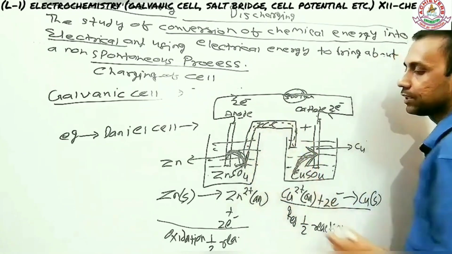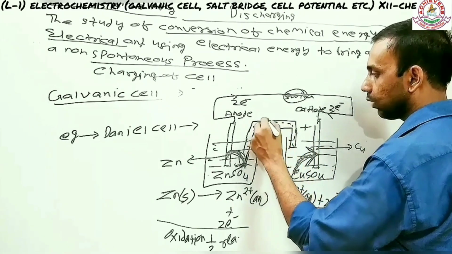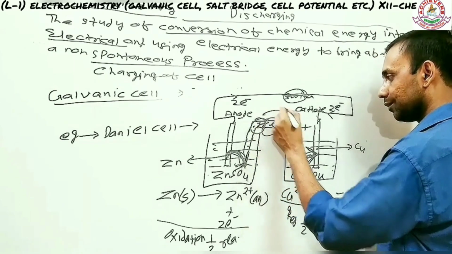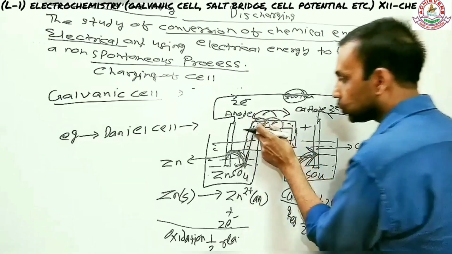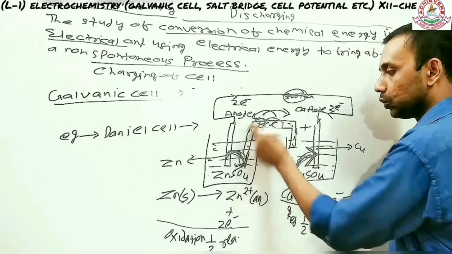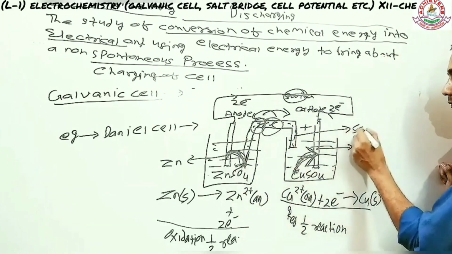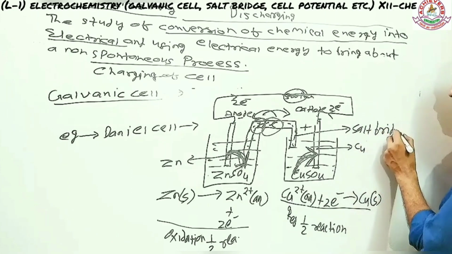Basically it produces two ions, potassium ion and chloride ion. Potassium moves in this direction while chloride moves in this direction. These two ions are present in this U-shaped tube, and this tube is called a salt bridge.